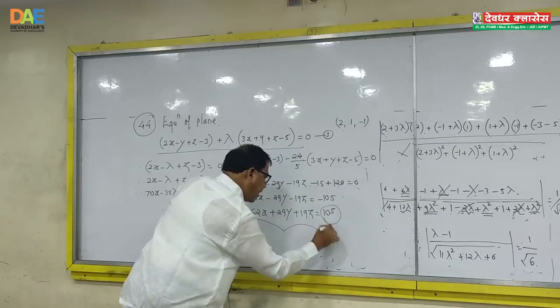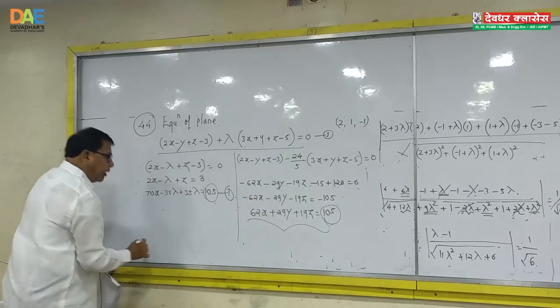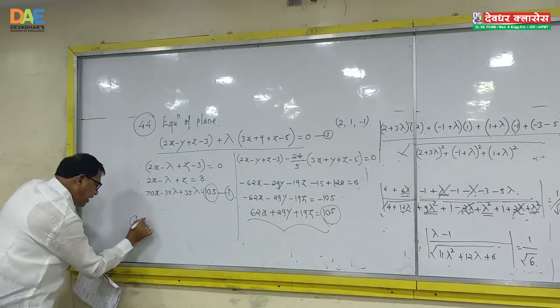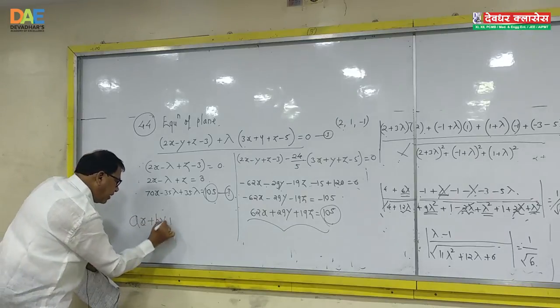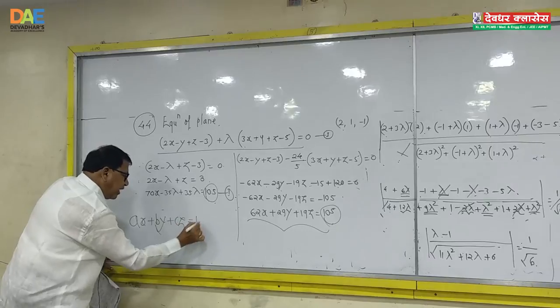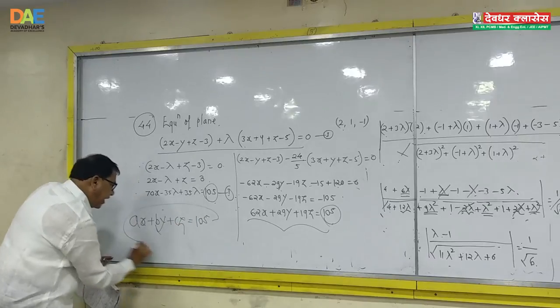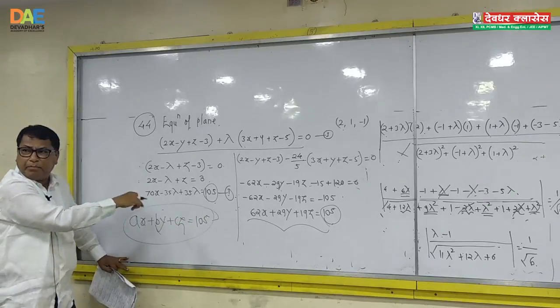Observe their right side, 105, because the equation is given: ax + by + cz = 105. Then find the value of a + b + c.